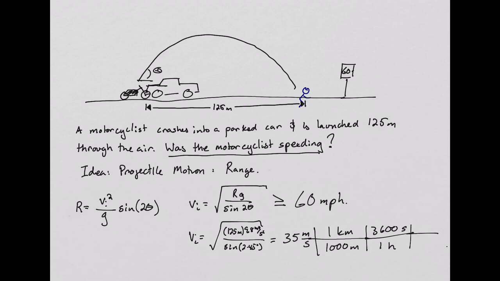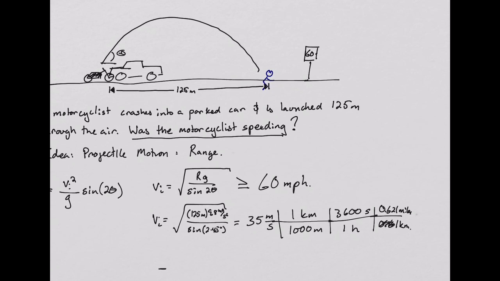And a quick Google will tell us that in 1 kilometer, there are 0.621 miles. Going through, finishing this calculation will give us 78 miles per hour, which is greater than 60 miles per hour.